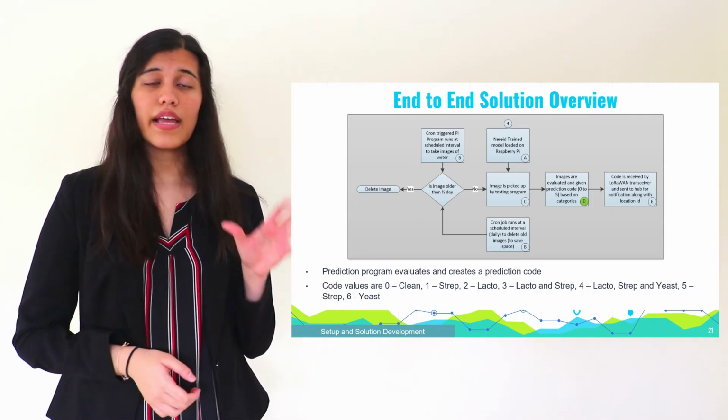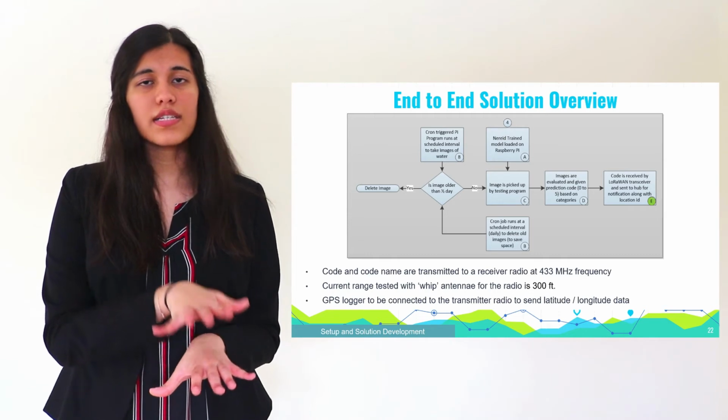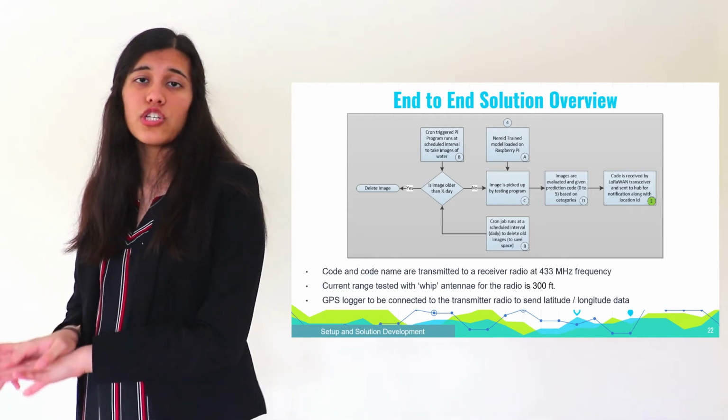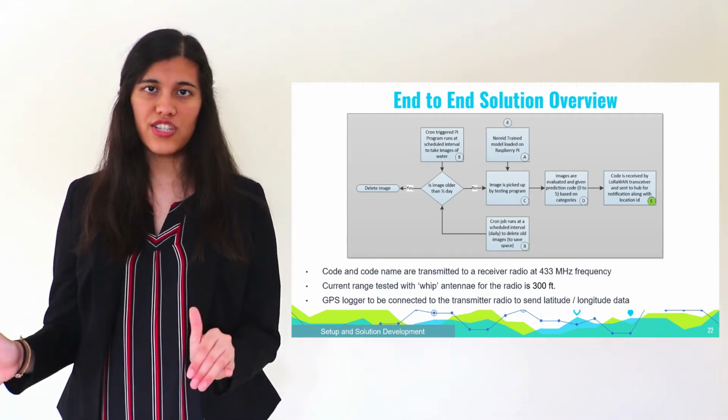From here, I had a transmitting LoRa in the actual water pipe, which would send the contamination code and that classification to the receiving LoRa, which is in the water plant, thus facilitating communication between the 2 locations.